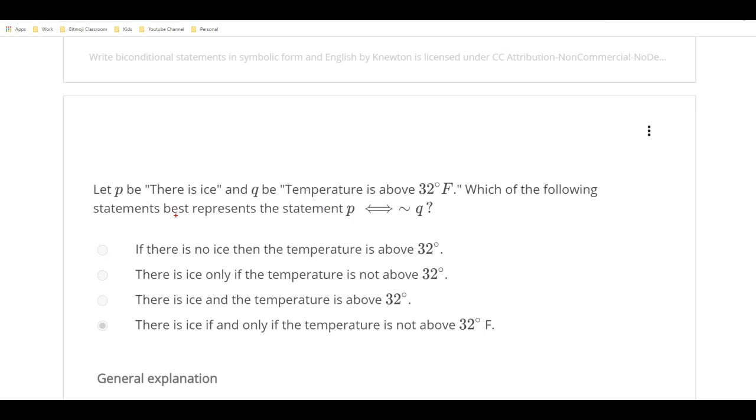Let's look at the next question here. P, there is ice. Q, temperature is above 32. Which of the following statements represent P, not Q? Not Q is temperature is not above 32. So I'm looking for the keywords. There is ice and it's not above.